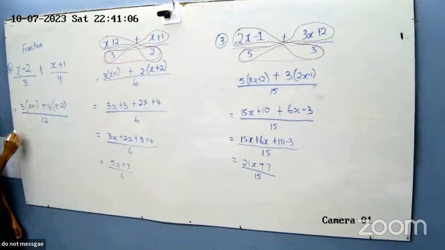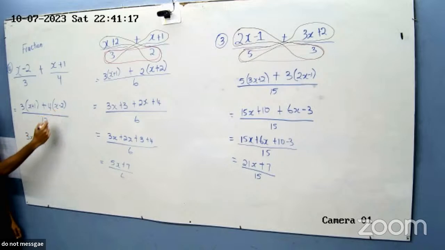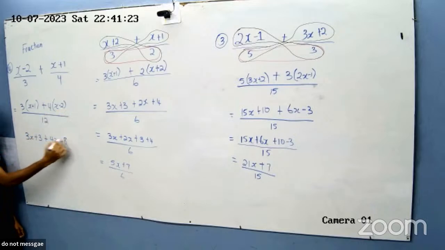So then you remain with 3 into x is 3x. 3 into 1 is 3, plus 4 multiplied by x is 4x. 4 multiplied by minus 2 is minus 8, all over 12.